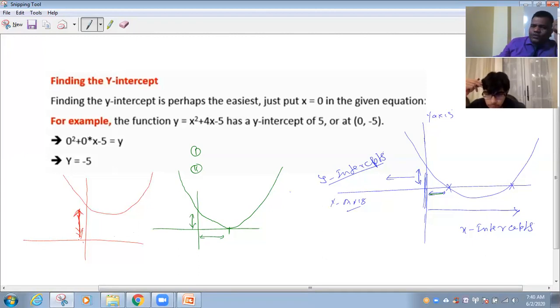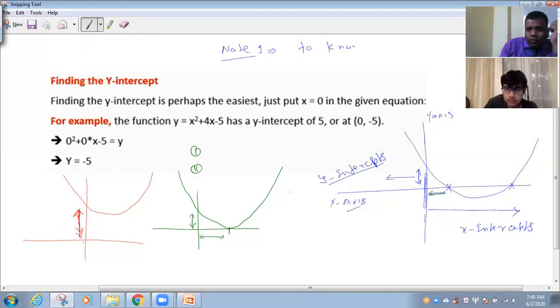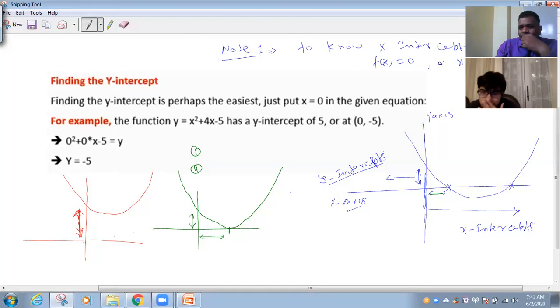Now, a point to be noted. I'm giving 2 important notes here. Note number 1: to know the x-intercept, put f of x equal to 0, or simply y equal to 0. Next, note number 2: to know the y-intercept, put x equal to 0. I believe finding intercepts is very clear. If you want to know the x-intercept, put y equal to 0.